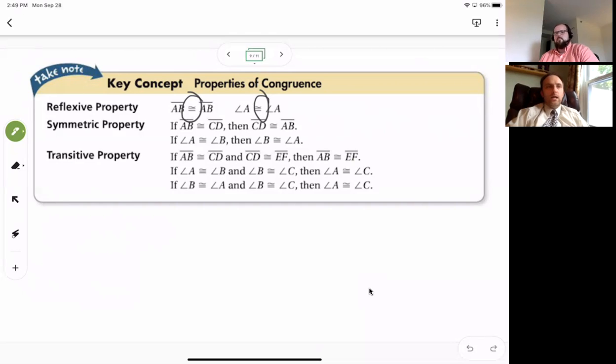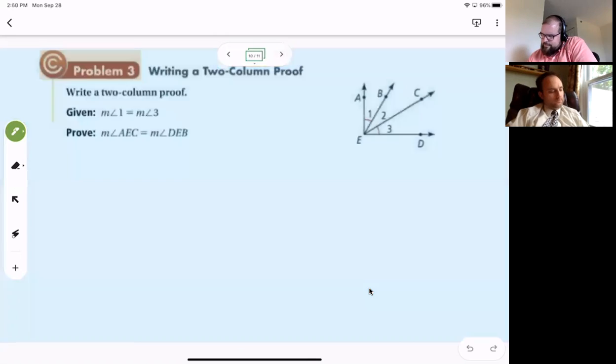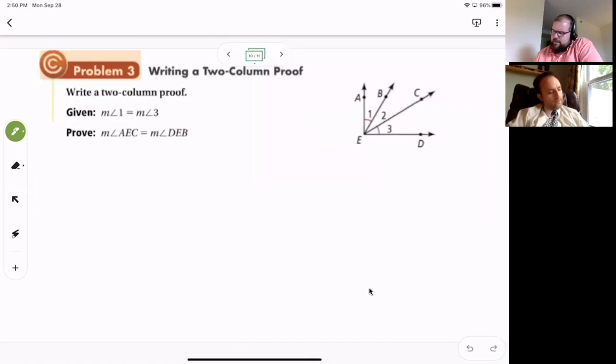But for our purposes, right now, we're not going to get too much into that because we just don't have the time for it. Yeah, and really these are all the same things that we've done before. But now they look a little bit fancier because we're talking about segments and angles instead of just variables.